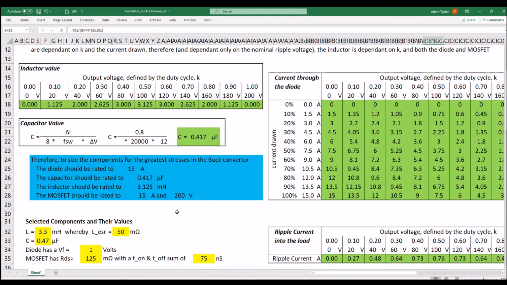Bearing in mind, you want these values here to be as low as possible. You want a low equivalent series resistance in your inductor. You want a low volt drop across your diode. You want a low RDS in your MOSFET, and you want a fast turn on and turn off time to reduce your switching losses.